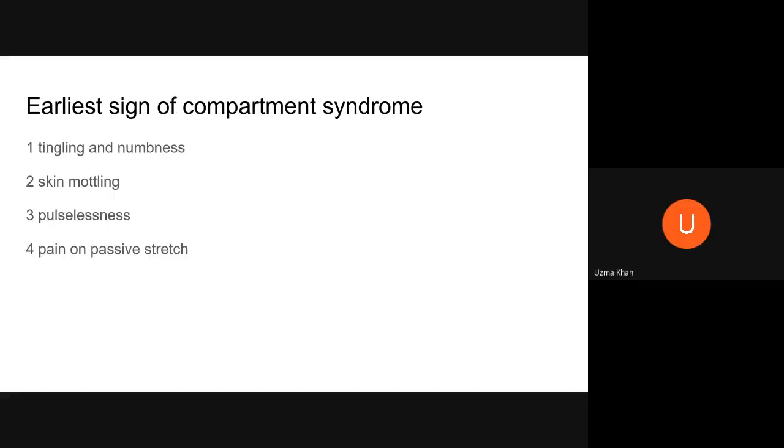So, earliest sign of compartment syndrome. Pain on passive stretch is the earliest first sign. What is compartment syndrome?